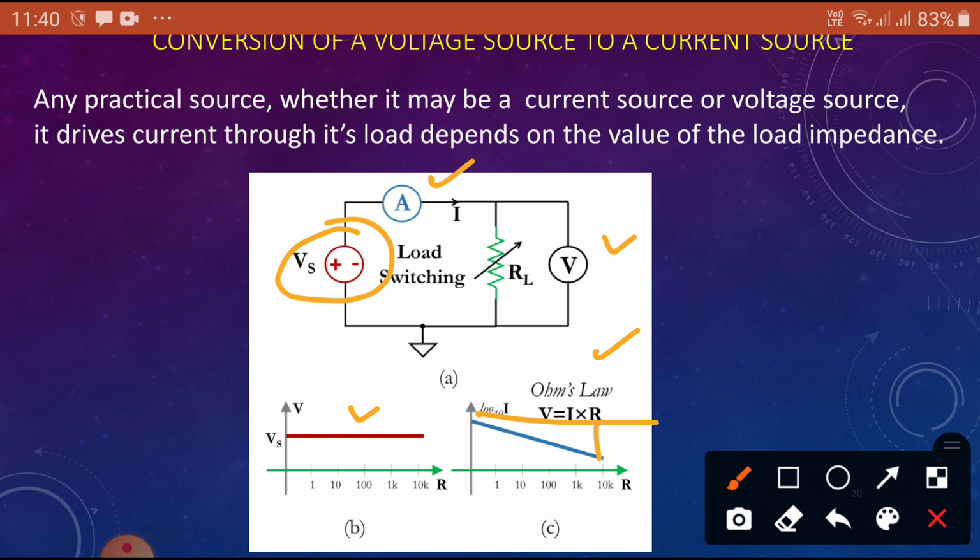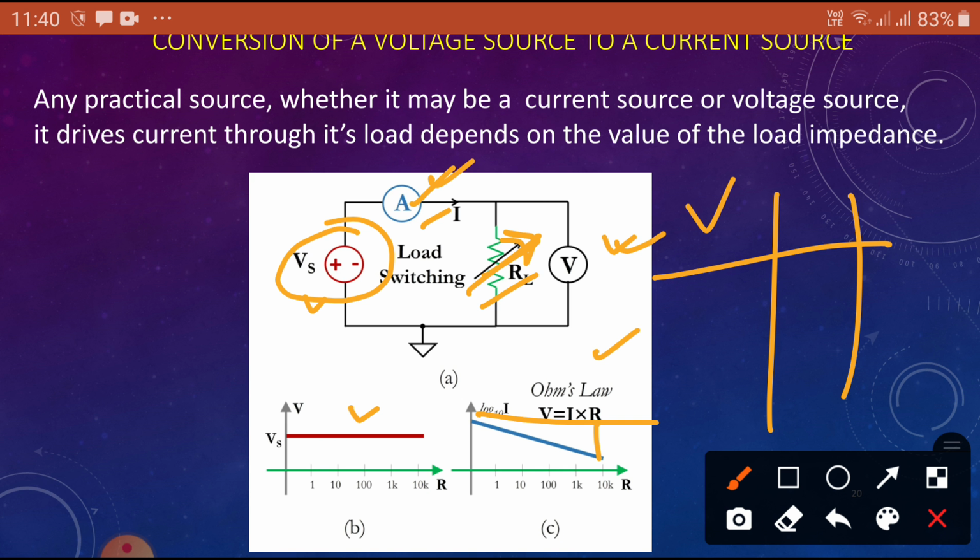By changing R and maintaining Vs constant, keeping the resistance at a low value, we note the current and voltage. Further change the resistance and take the readings. By taking the voltage and current correspondingly, we are going to find the drop in voltage across the terminals.